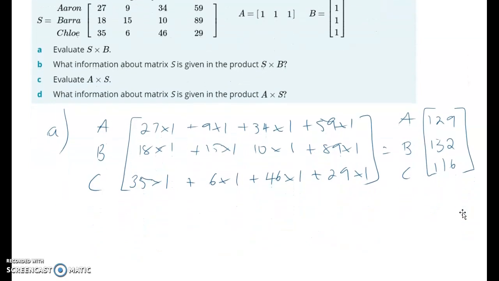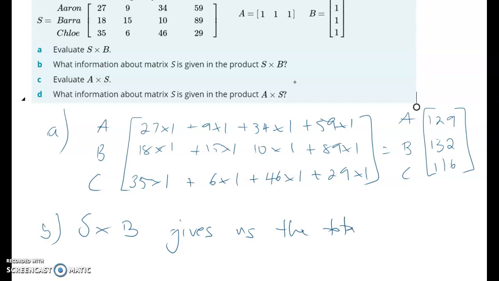So when we talk about what information about matrix S is given in the product S times B: S times B gives us the total number of ferals that each ranger spotted.